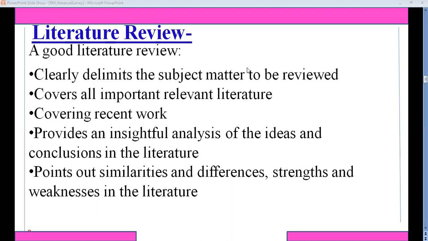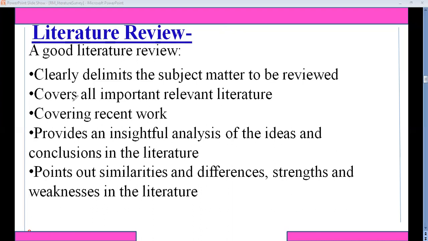So a good literature review clearly limits our area, clearly gives the outline of our area boundaries for our research. It covers all the relevant aspects.